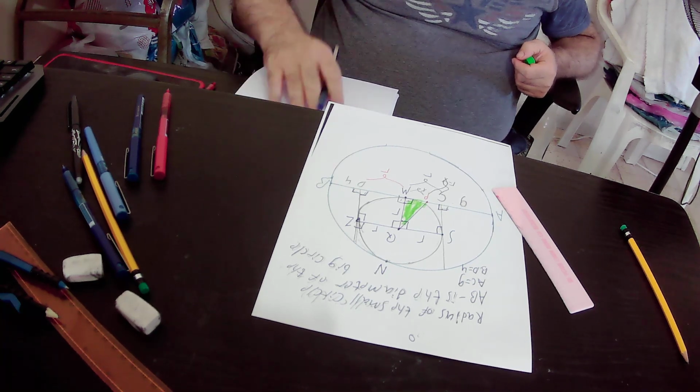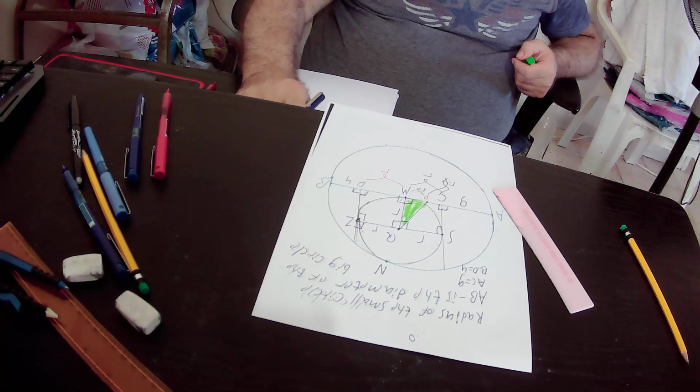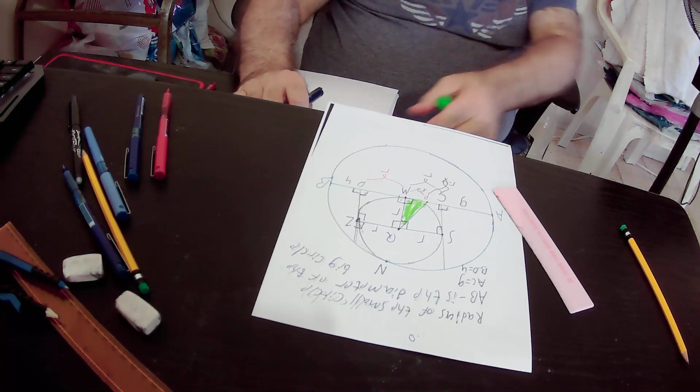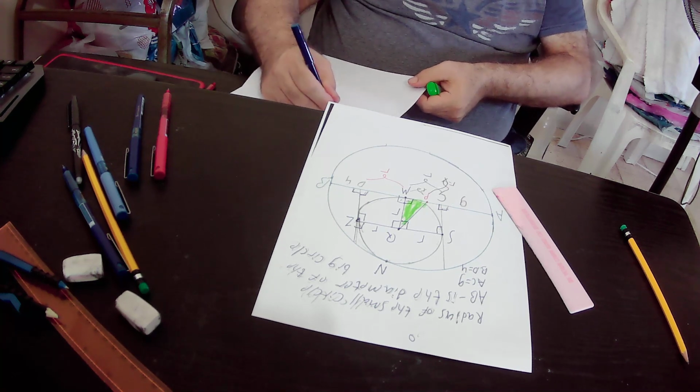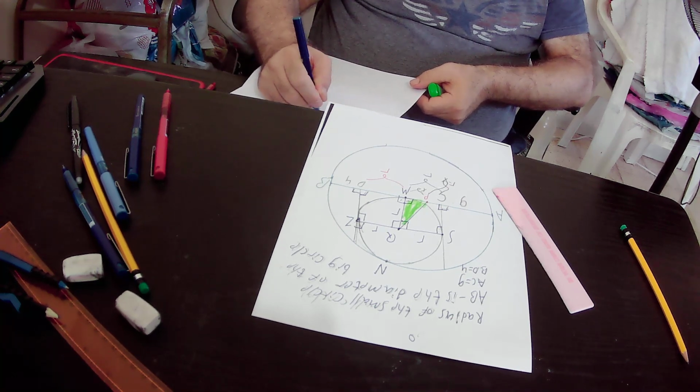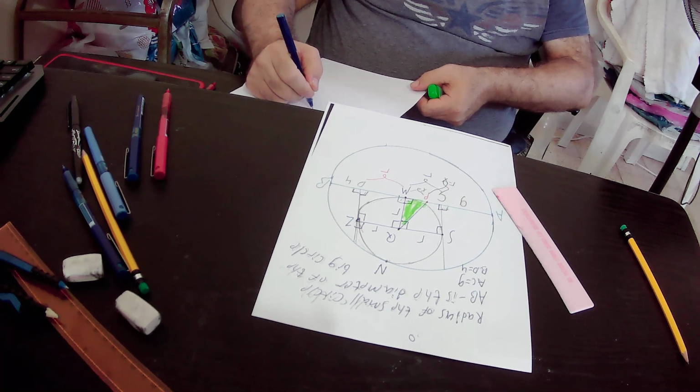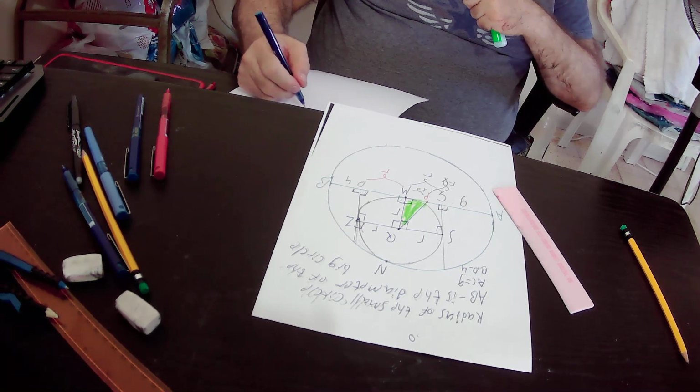Okay, so here we implemented the Pythagorean theorem in the right triangle QMP.